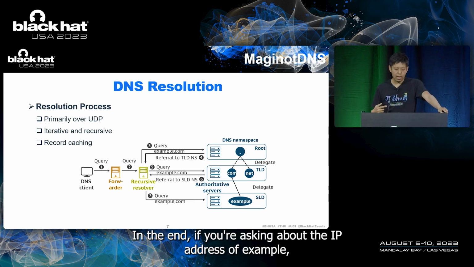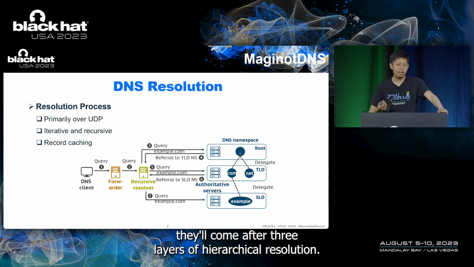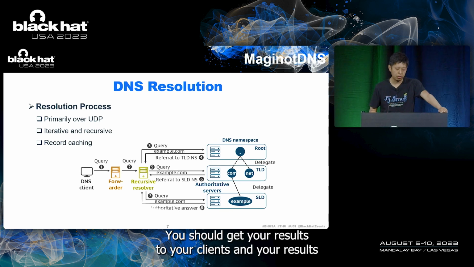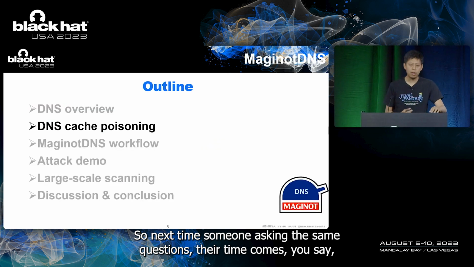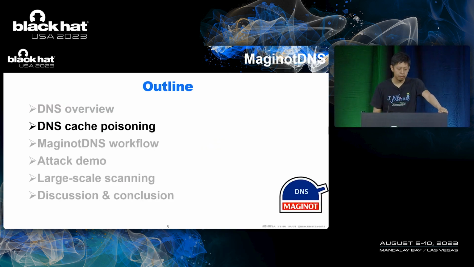In the end, if you're asking about the IP address of example.com, after three layers of hierarchical resolution, you should get your results to your client. And your results will be cached in the recursive resolver and sometimes in the forwarder. So the next time someone asks the same question, time can be saved.